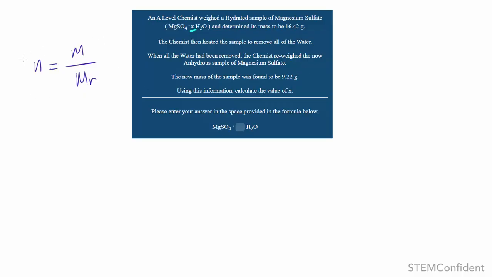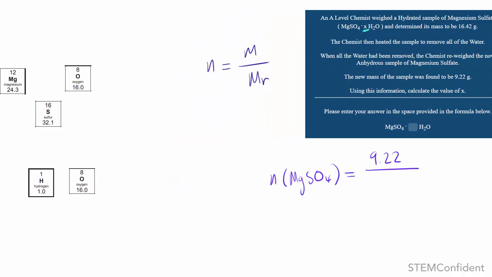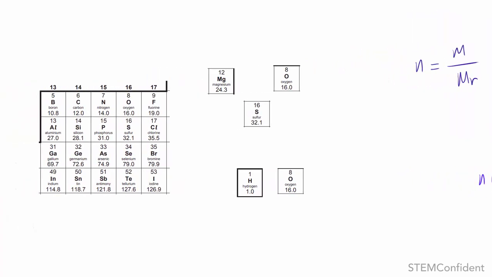So using this equation, the number of moles N for MgSO₄ is going to be 9.22 grams, right? Divided by the molar mass. Now, we've not actually worked out the molar mass, so I'm going to go ahead and go through that process.